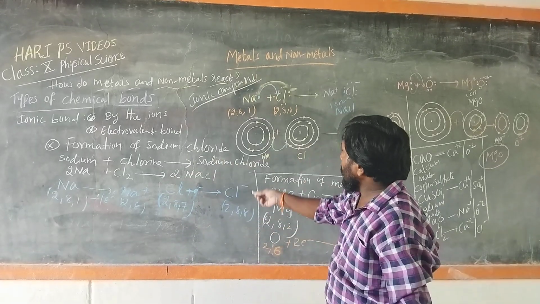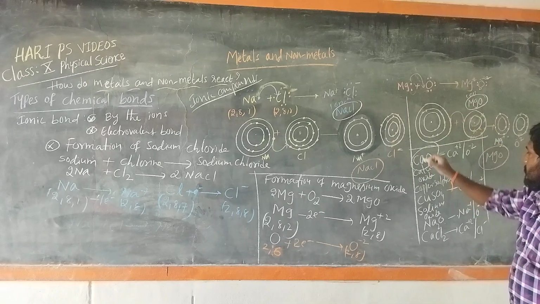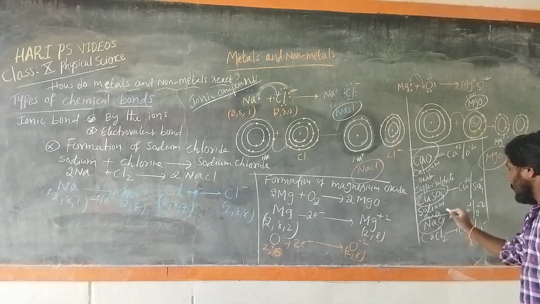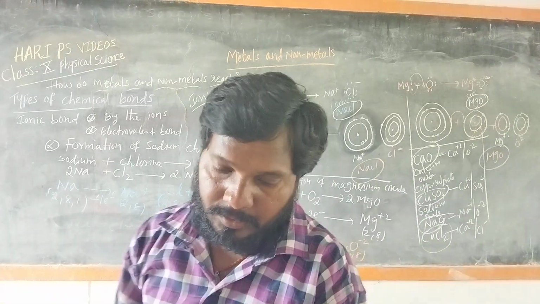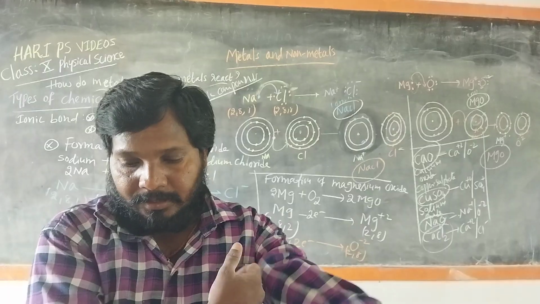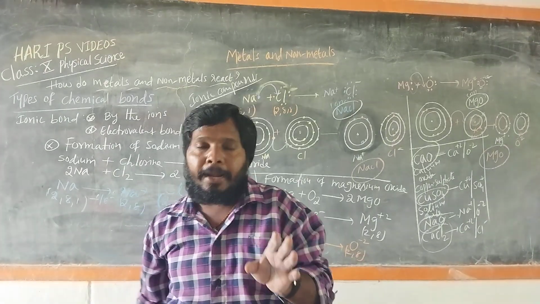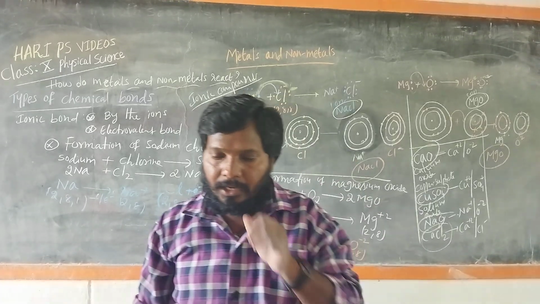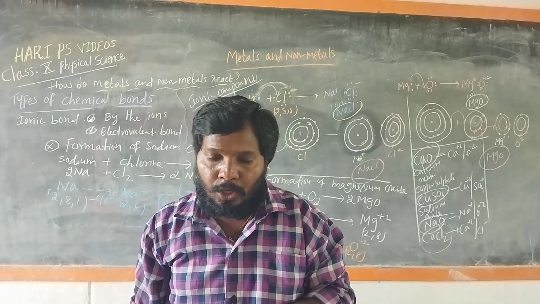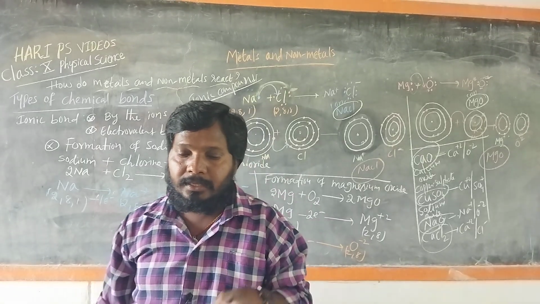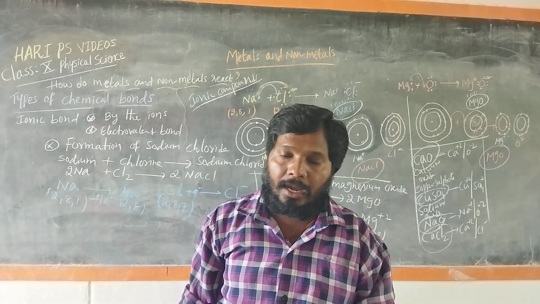So sodium chloride, magnesium oxide, calcium oxide, copper sulfate, sodium oxide, calcium chloride are all ionic compounds because they are formed by ions, not molecules. Whenever we see a compound made up of a metal and a non-metal, we should at once say that it is an ionic compound and contains ionic bonds.